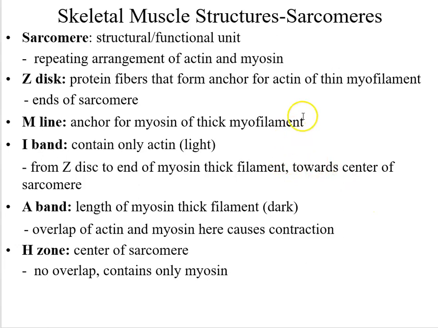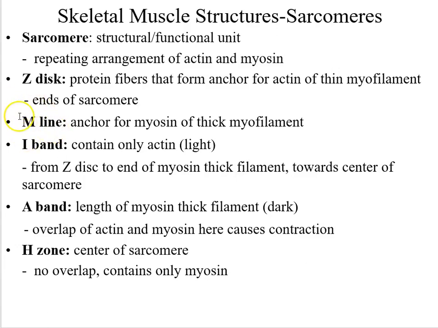The sarcomere stretches from Z-disc to Z-disc. The Z-disc is a plate or disc of proteins that forms an anchoring point for actin of the thin filament. So all of our actin thin filaments will be attached here and point towards the middle of the sarcomere.